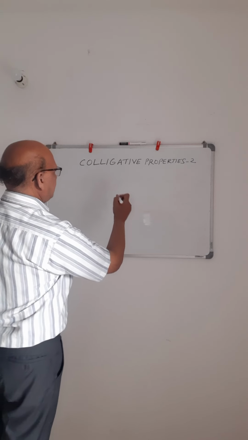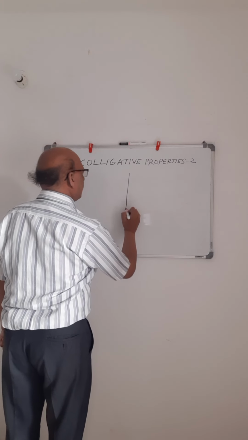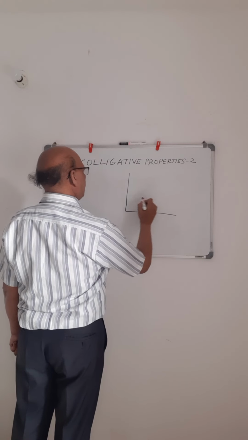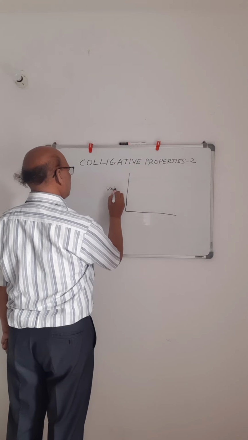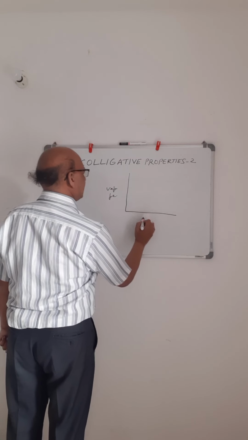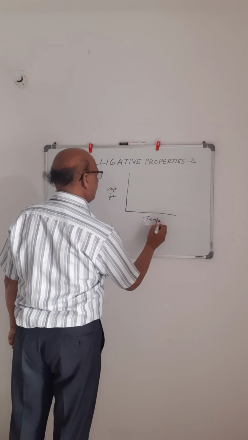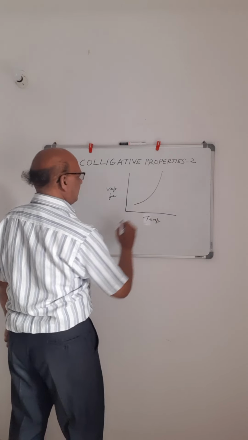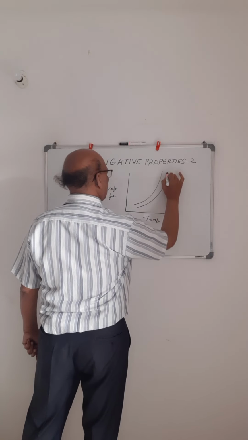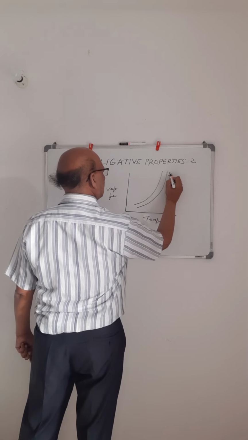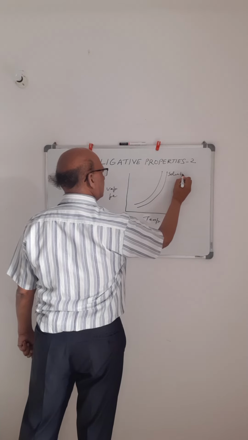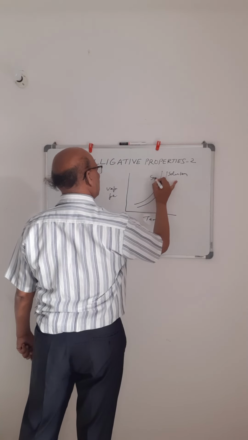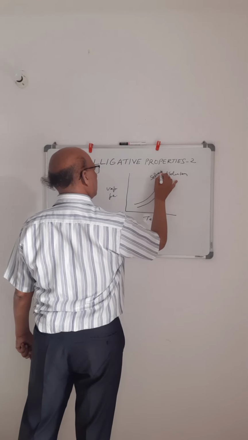Now let us understand this graphically. Suppose I plot vapor pressure versus temperature. Say this is the curve for pure solvent, and this is the curve for solution. So this is your solution, and this is the pure solvent.